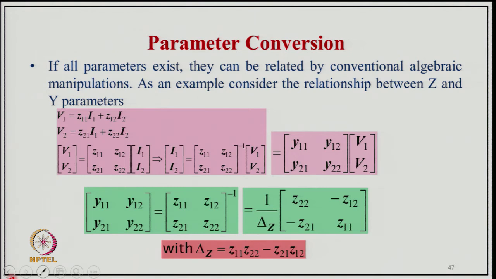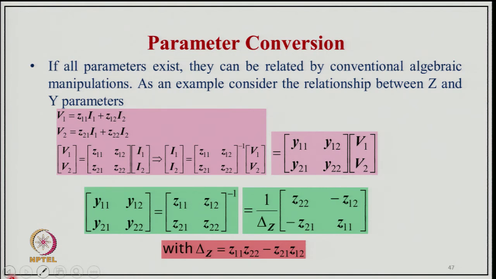The I1 I2 matrix can be written as the inverse of the Z matrix into V1 V2, or as Y11 Y12 Y21 Y22 into V1 V2. So we can say the Y matrix is the inverse of the Z matrix, which can be written as 1 upon delta Z into Z22 minus Z12, minus Z21 Z11, where delta Z is Z11 Z22 minus Z21 Z12.